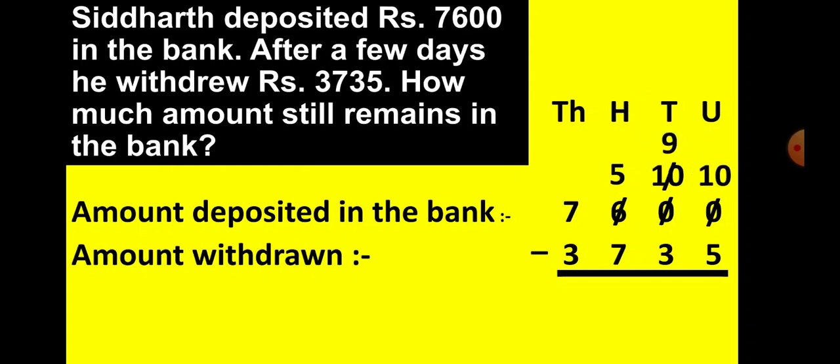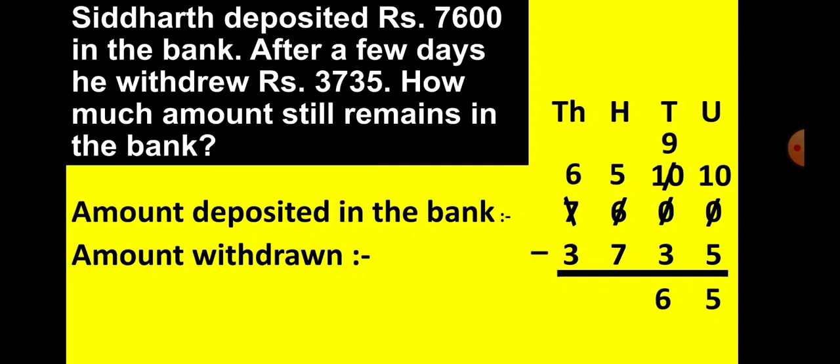So let us subtract now. Units place 10 minus 5 is 5. Tens place 9 minus 3 is 6. Hundreds place 5 minus 7. Now you cannot minus 7 from 5. So we have to again borrow. So we go to the thousands place to borrow. Now when we are taking one number from 7, 7 will get reduced by 1 and it becomes 6.